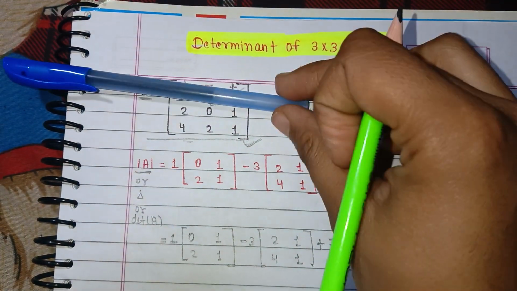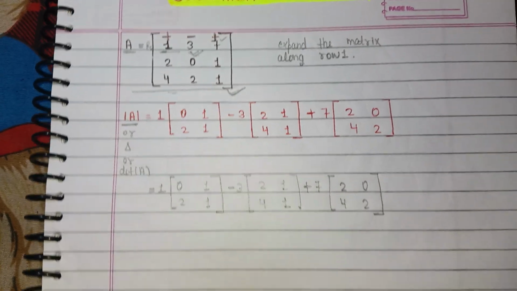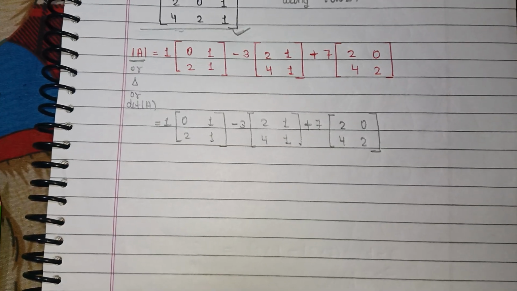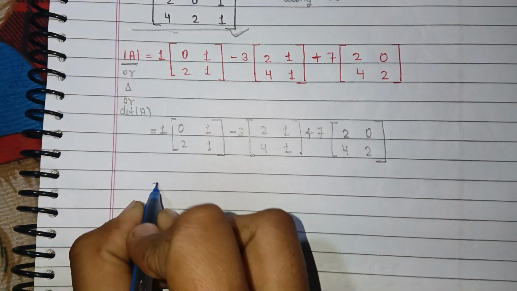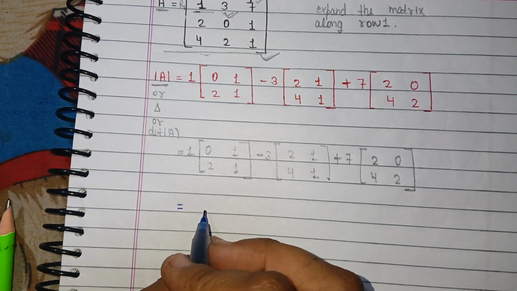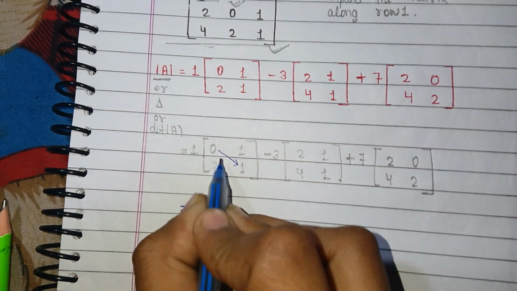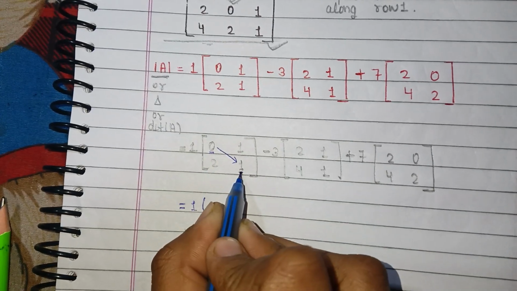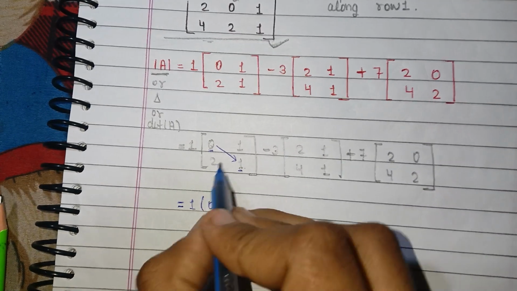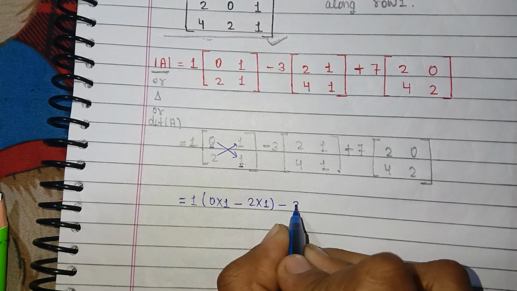Now you can easily find the determinant of a 2 by 2 matrix. I will use the pen so that it will be clearly visible to you students. Right here, just multiply 0 with its diagonal element: 0 multiply 1, minus 2 multiply 1, minus 3.